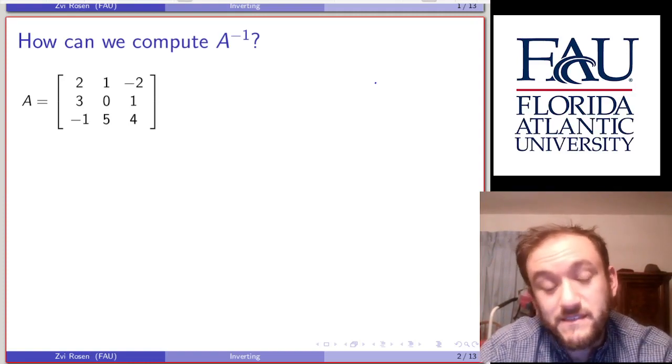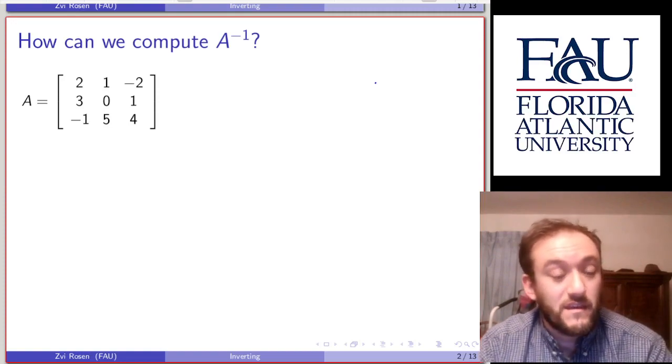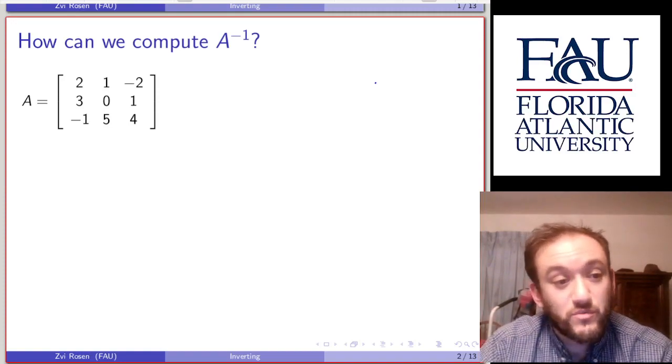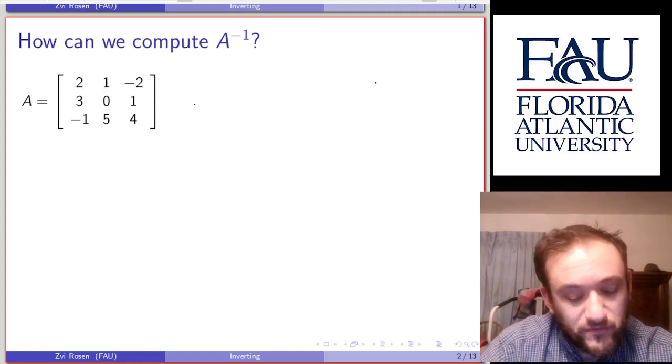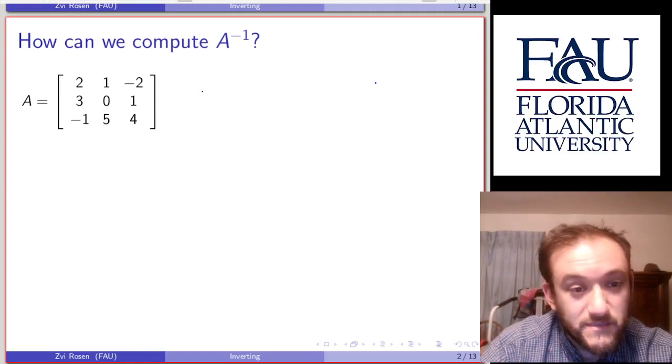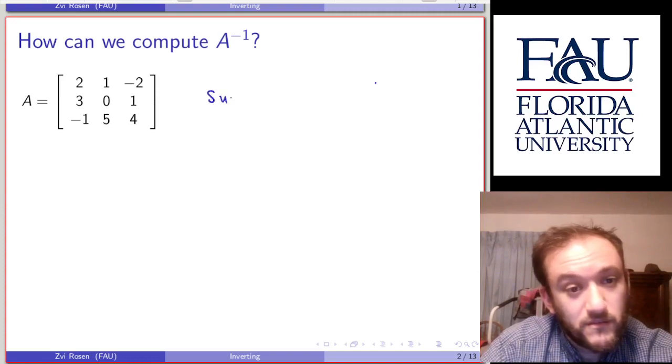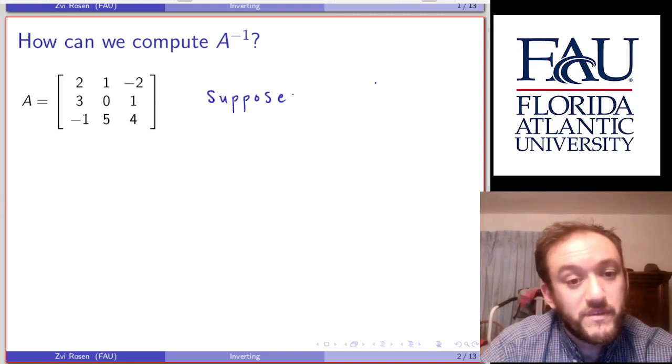And we can use this matrix A as our example matrix to work on. It's a 3 by 3 matrix. So what I know about the inverse, let's say it's B. Suppose B equals A inverse.